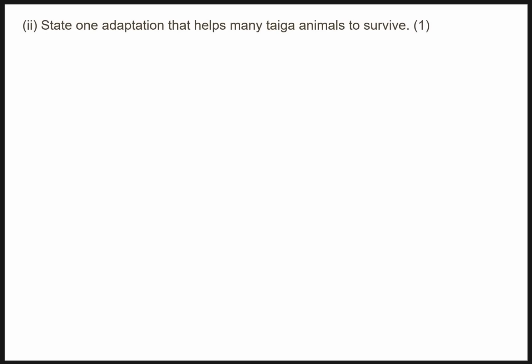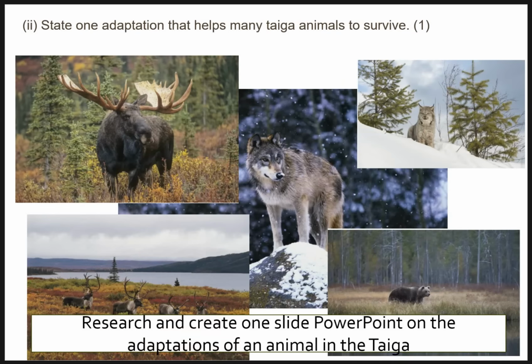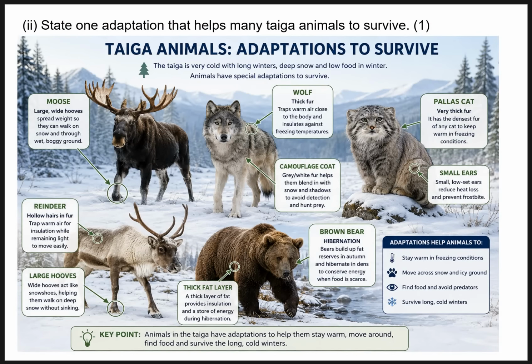State one adaptation that helps many tiger animals to survive. It's one of these questions where you've probably done a lot of work on this. In fact, for my students, they were set a task to research and create a 1-slide PowerPoint on the adaptations of animals in the tiger region. So a lot of work on that, only 1 mark in the end, but you know, hey, on exam day, it could be 3 marks. So some of the adaptations that we had a look at or were pointed to include moose, reindeer, brown bear, and the very memorable Pallas cat there.